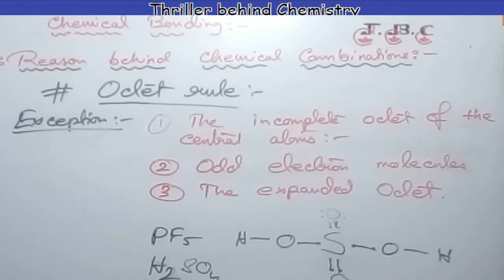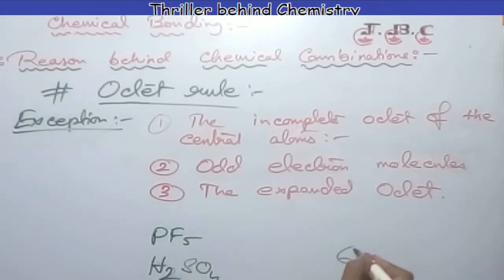Or for example SF6, sulfur has 6 valence electrons, we know that. 1, 2, 3, 4, 5, 6, and sulfur can make 6 independent single bonds with 6 fluorine because of the availability of 3d orbitals in sulfur.